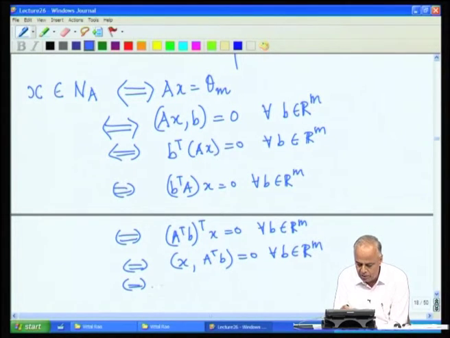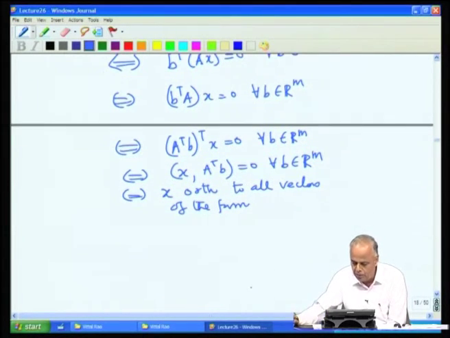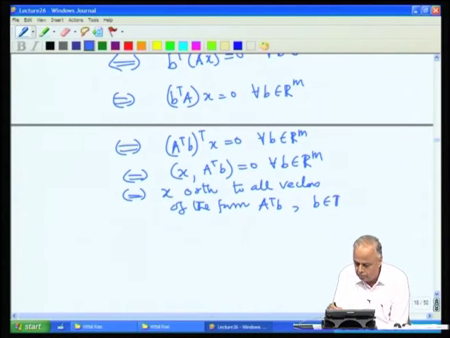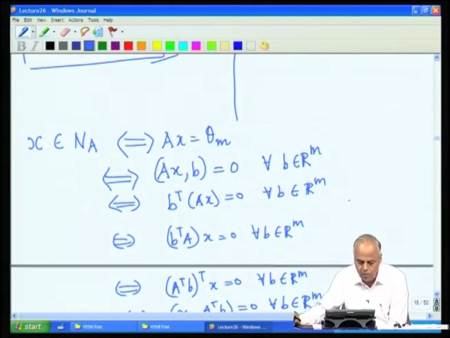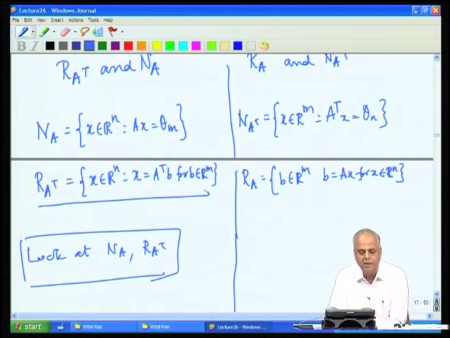That is, x is orthogonal to all vectors of the form A transpose B, B belonging to R m. But if you now look at the definition of the range of A transpose, that is precisely the definition.